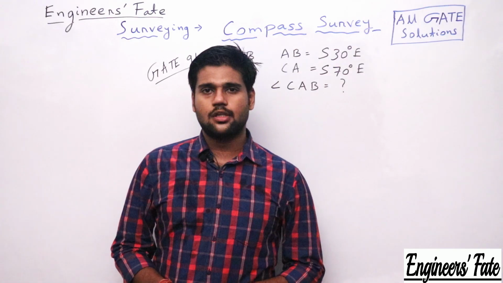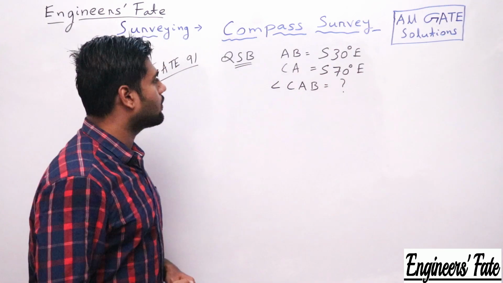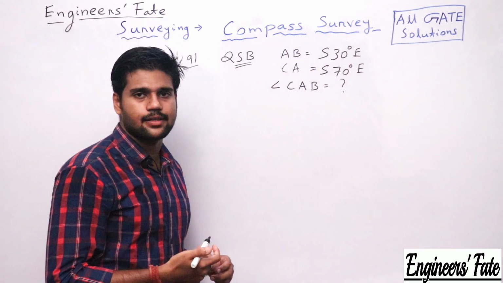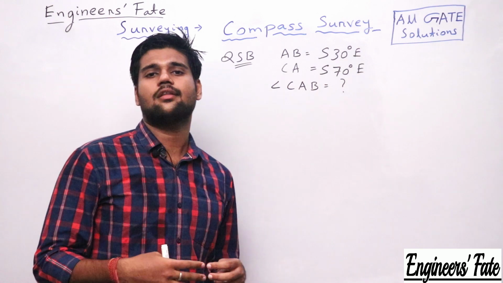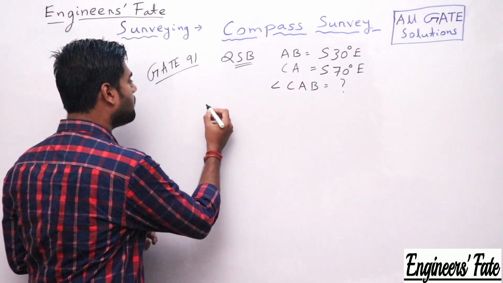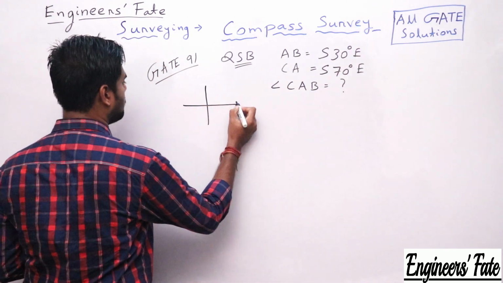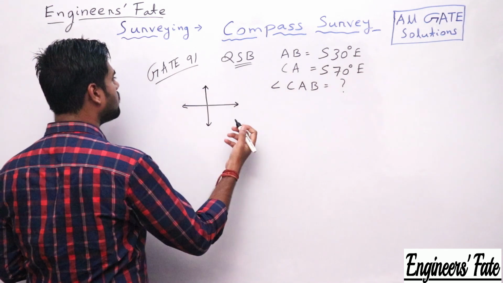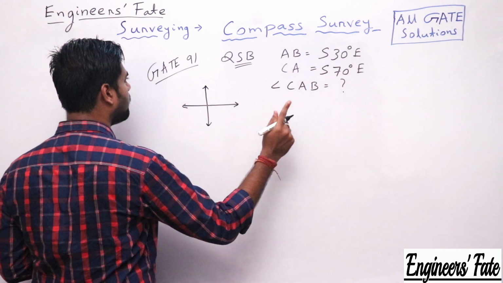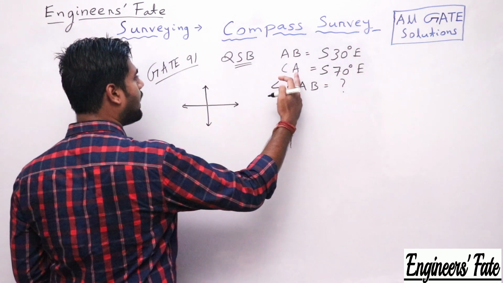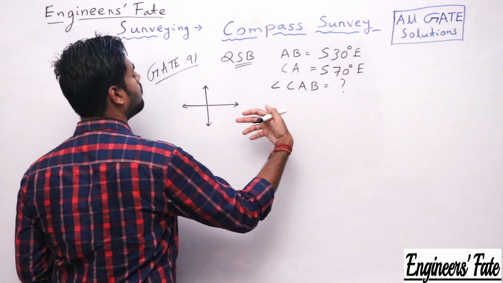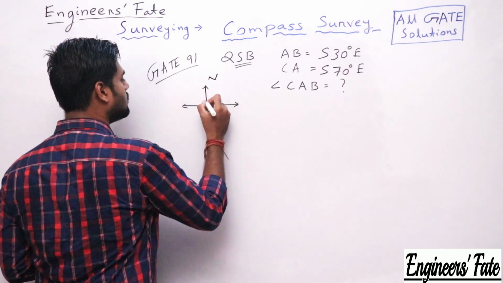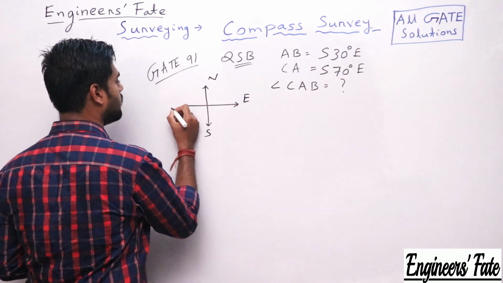In this question, on the quadrilateral system of bearing, he has given the bearing of lines AB and CA, and asked us for the angle CAB. In the previous video I told in detail about the quadrilateral system of bearing, so I am taking the line CA first and then AB, so that the angle CAB will be found. This will be north, south, east and west.